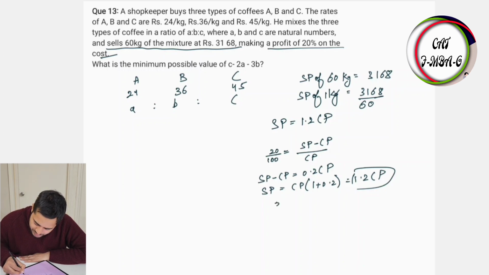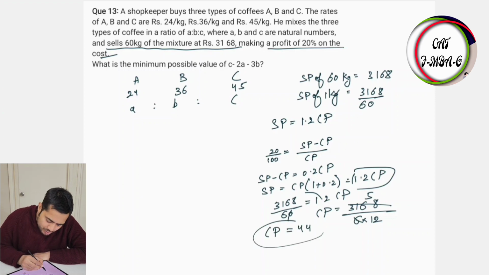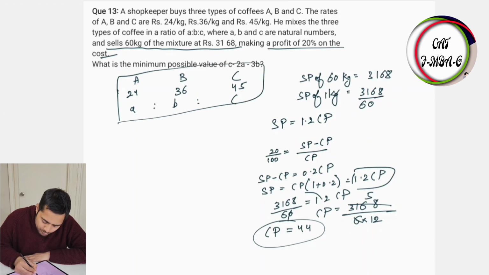So 3168 divided by 60 is equal to 1.2 times cost price. So cost price is equal to 3168 divided by 6 into 12. We have removed the decimal point with the use of 0. After solving this, you are going to get cost price is equal to 44. So after mixing these in the ratio of A is to B is to C, you get 44.